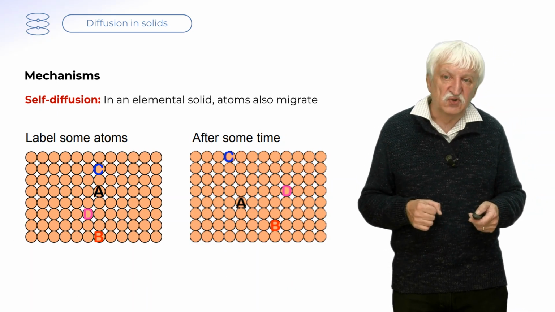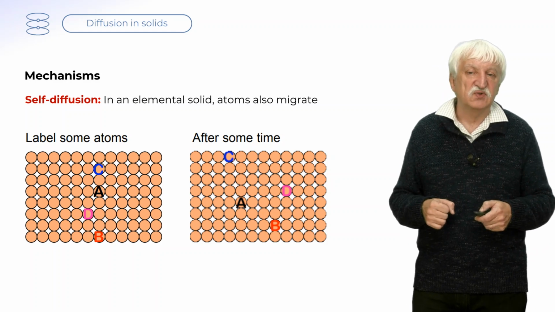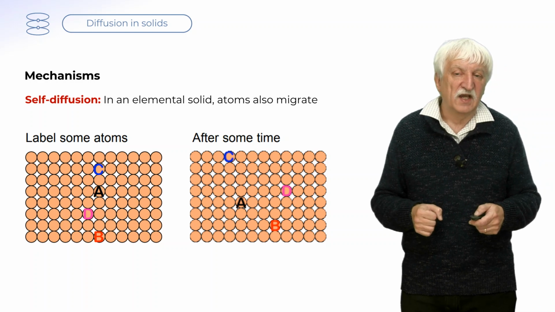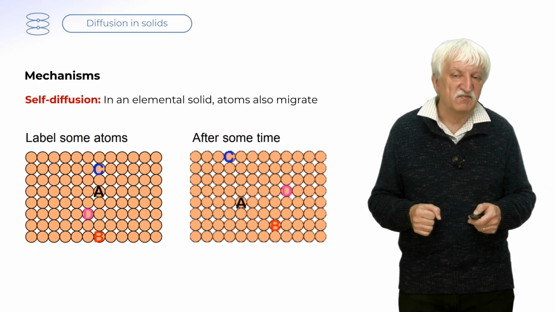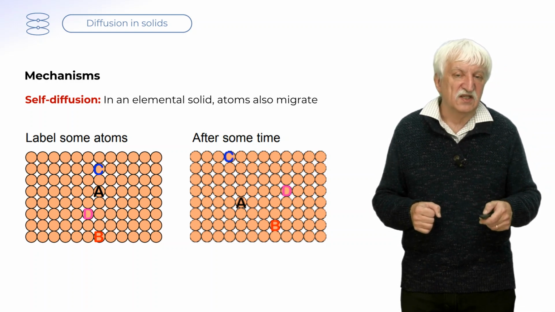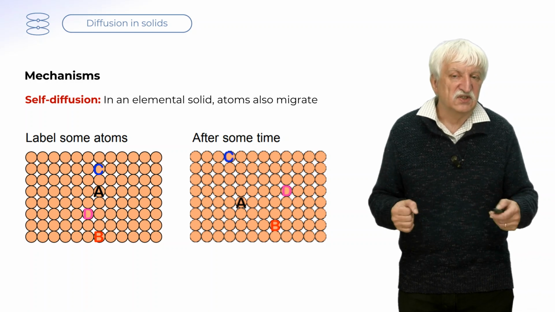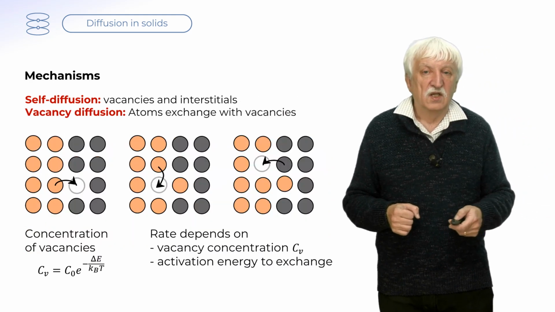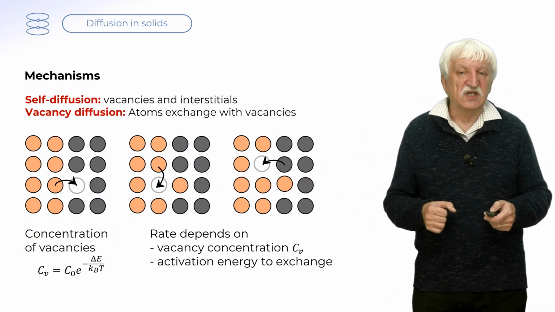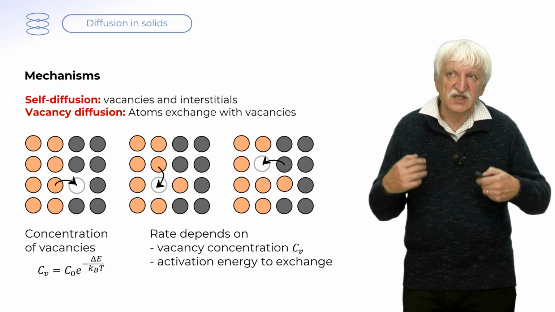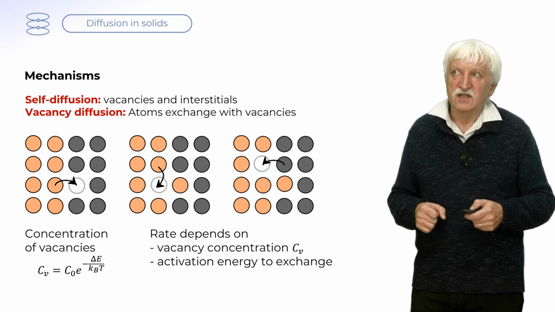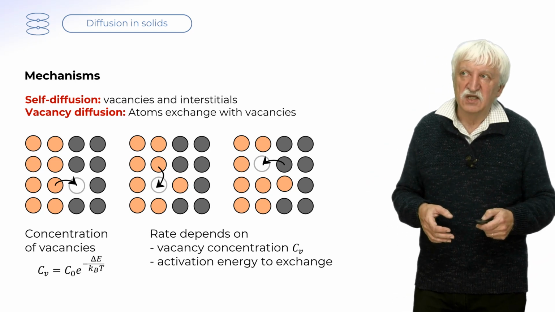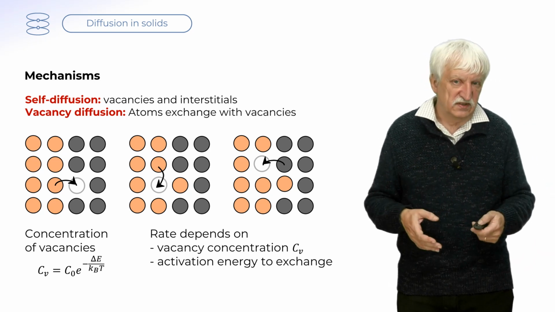Besides the diffusion of different elements, there is a diffusion of the same elements. So there are some atoms shown by letters A, B, C, and so on, and they change their positions. This diffusion is called self-diffusion. And additionally, in general, the structure of a crystal body is not ideal.